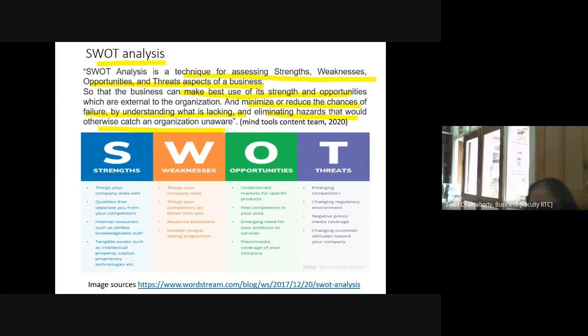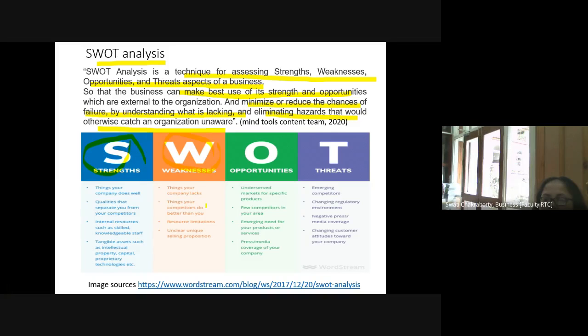Okay, so SWOT: S stands for strengths, things your company does well, qualities that separate you from your competitors, internal resources like skills, knowledgeable staff, intangible assets such as intellectual property, capital, proprietary technologies.